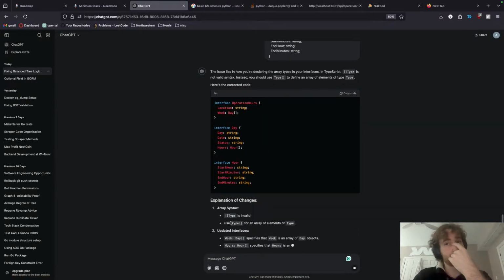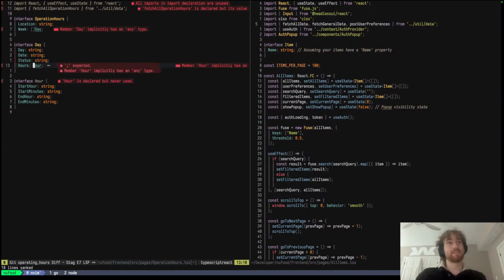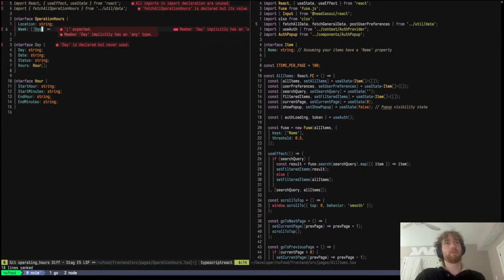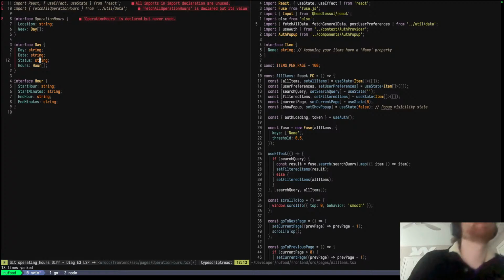Oh, okay. It's like this in Go, but of course. Why would it be like that in TypeScript as well? Because why can't my life be easy?